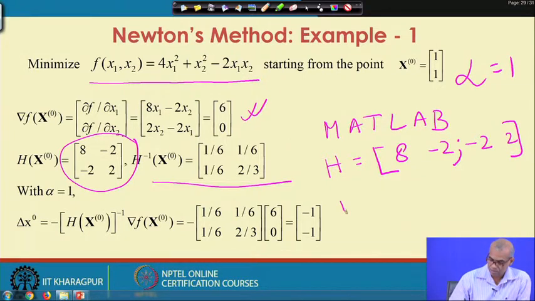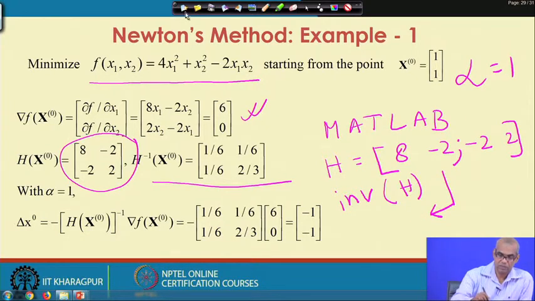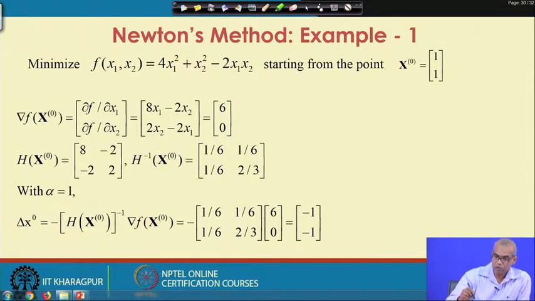Then you use inv, which stands for inverse, of H, press return, and you will get the inverse of H. You can also analytically find by hand the inverse of H for a 2 by 2 matrix, and you obtain the inverse as this.